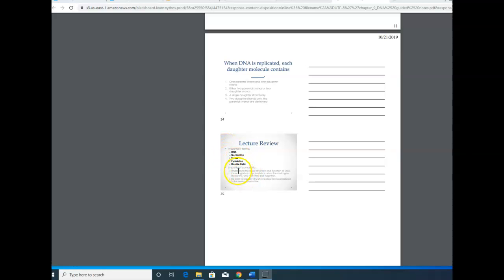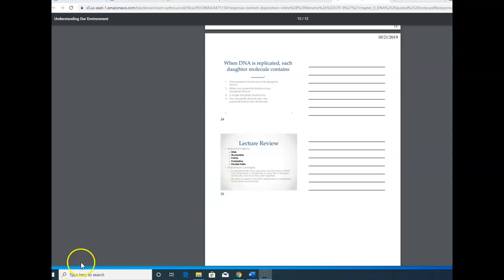And then also, as far as the concepts go, in this case, this is a very visual thing. It's asking you to understand the structure, understand the function, know what a nucleotide is, what the bases are, and how they pair together. All of that information is a little bit more visual, but it can be found here in my lecture notes. So please make sure that you are utilizing both my notes and also the textbook for any additional information that you might need.